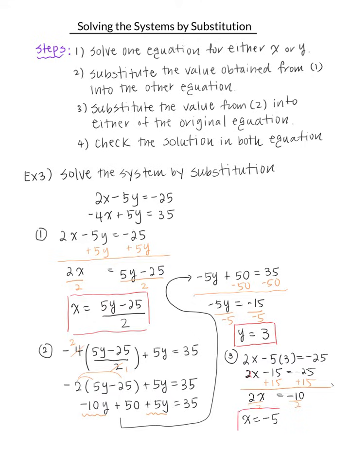Let me just box that. This is exactly what we got by solving the system by graphing. Since I'm running out of room, let me go to the very top. So therefore, our solution set is negative 5, comma 3, as we expected. Let me box that for our final answer.